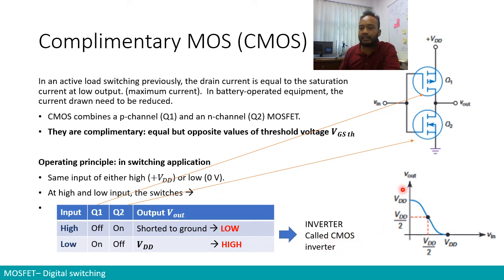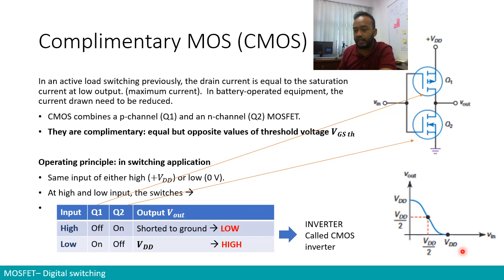Basically the relationship between the voltage input and output depends on the VDD value. As the input varies from VDD to 0 when we do the switching, there is a certain curve relation between V input and V output, which is of course inverse.